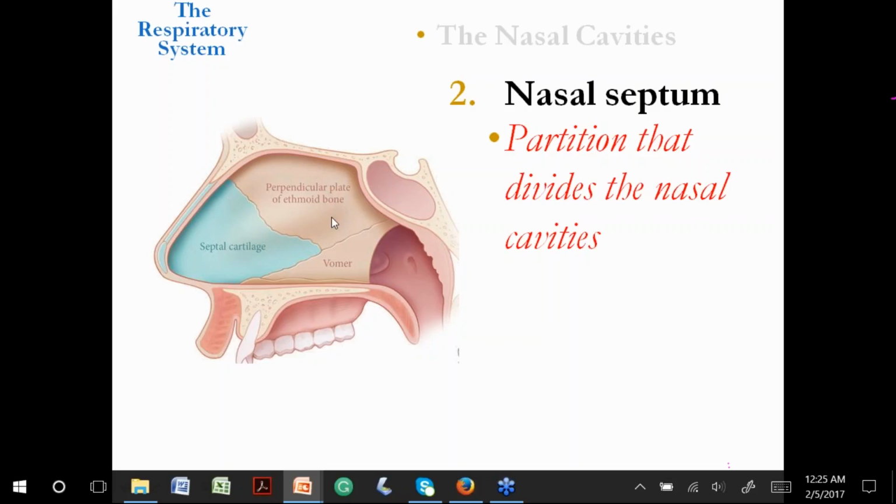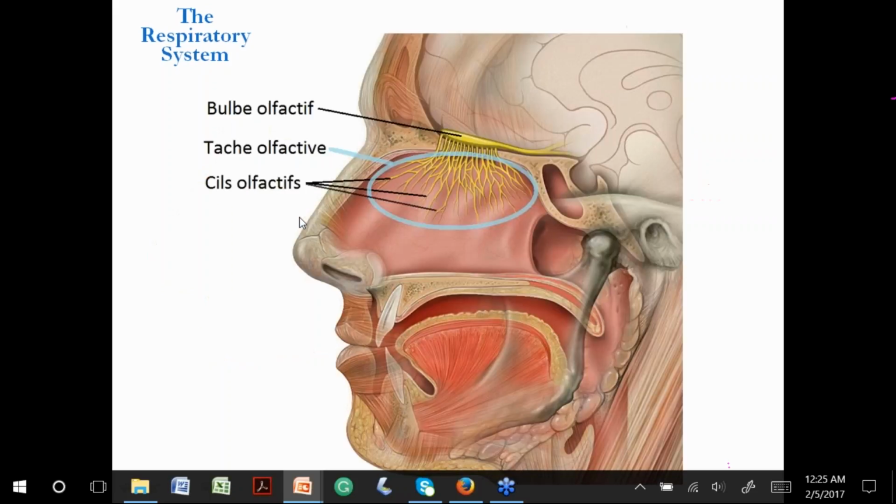Behind that, yes, we have the bones. We have partially the ethmoidal bone, the vomer, the nasal bone. We have different bones that are part of this portion. But the center is called the division, so you divide the right from the left.